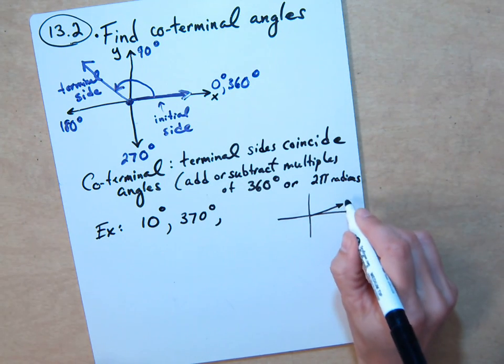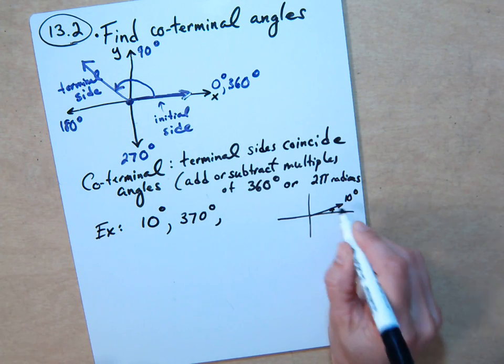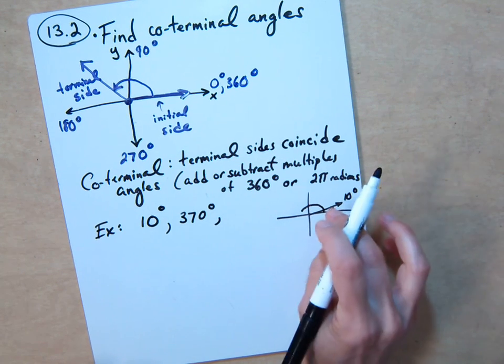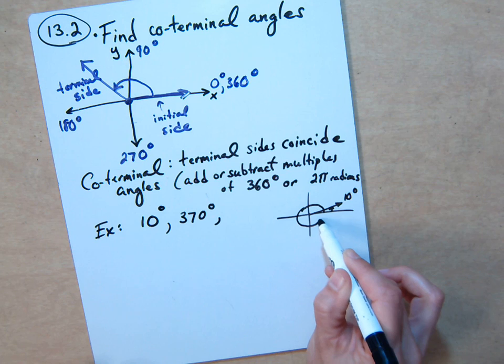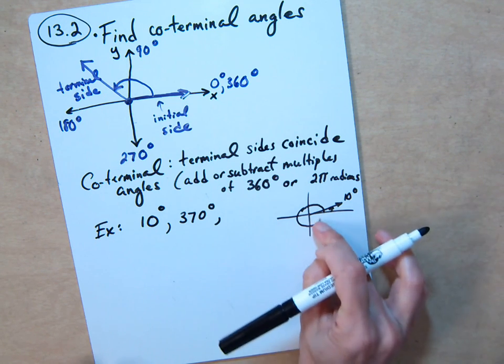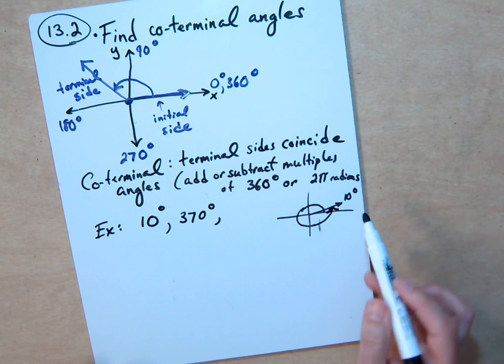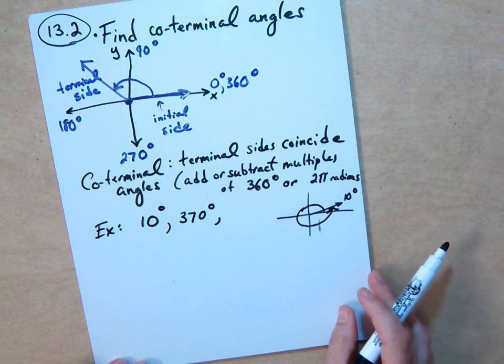Sometimes you'll be asked to draw a picture of an angle. If I rotate 10 degrees and go all the way around back to where I started, that would also be 370 degrees. It's coterminal, you end up at the same place.